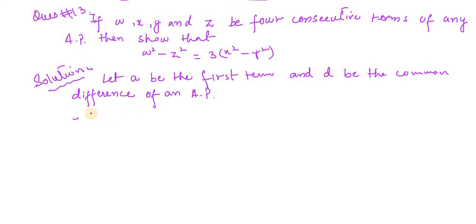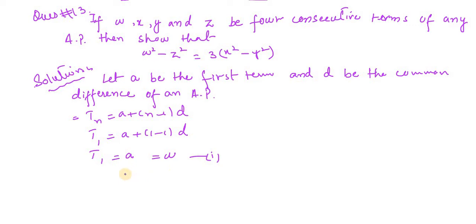We know that the nth term formula is Tn equals A plus (n minus 1) of D. So T1 is equal to A plus (1 minus 1) of D, T1 is equal to A, and the first term is W. We say this is equation number 1.